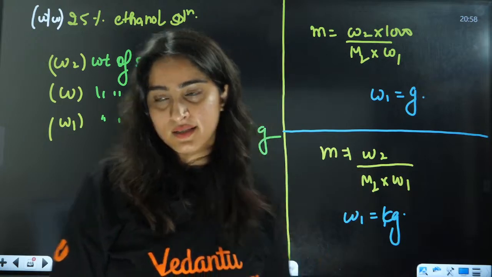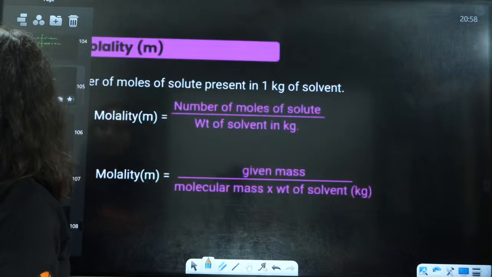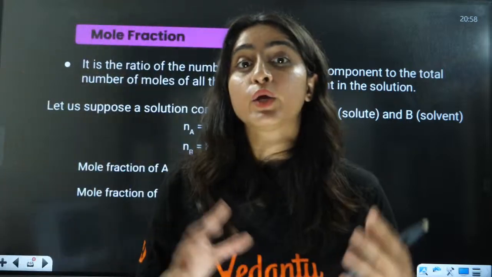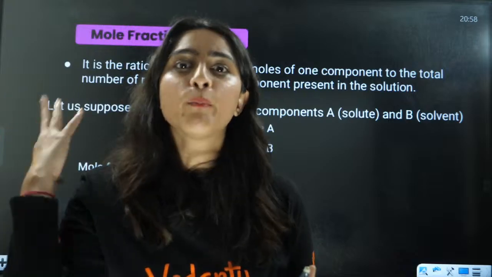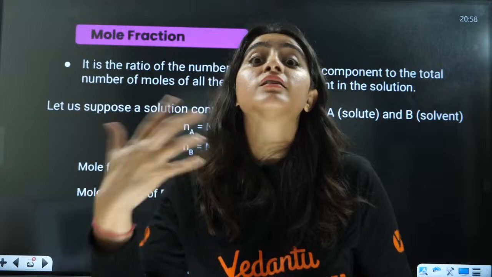Okay, now the next thing that we have is the mole fraction. For example, you have n number of components here and you have to calculate the mole fraction of the nth component.